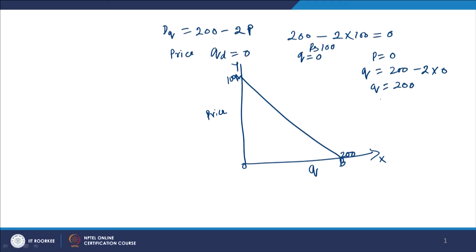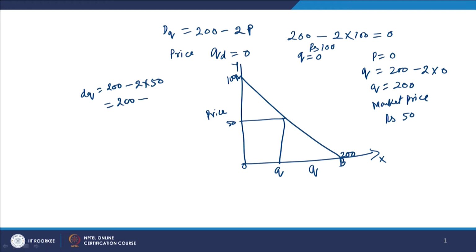Now, if a consumer goes to the market and buys a quantity of the product, and if market price here is say rupees 50, then quantity demanded you can easily calculate. Qd equal to 200 minus 2 into 50 equal to 200 minus 100, Q equal to 100. So, Q is 100 when P is 50.